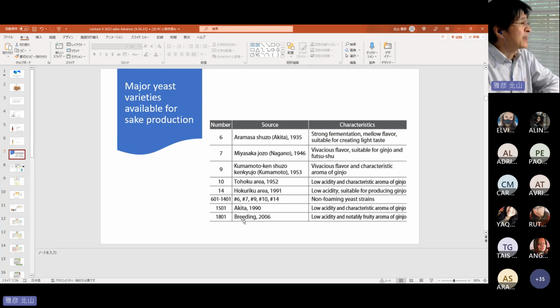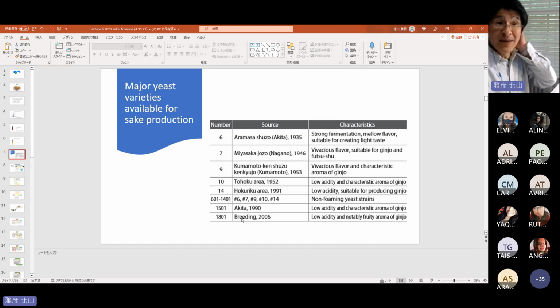But I have been working with the National Institute of Brewing Research in Japan, so they provide these strains to me. So you can work on these yeast strains to make sake.